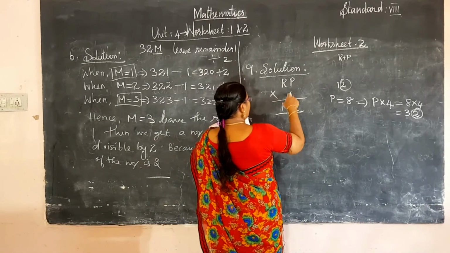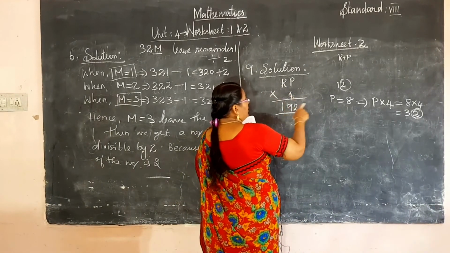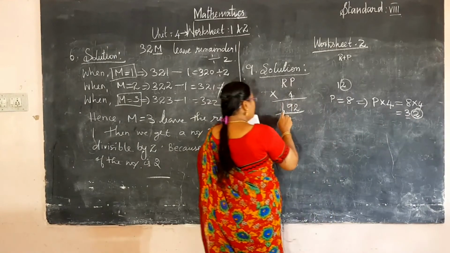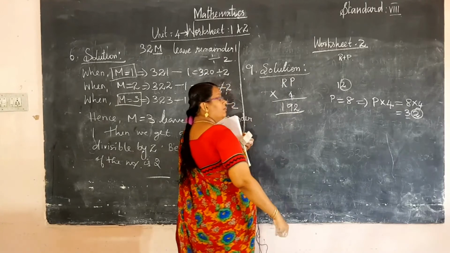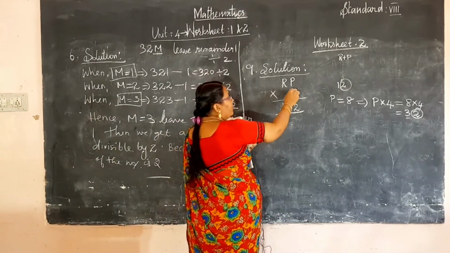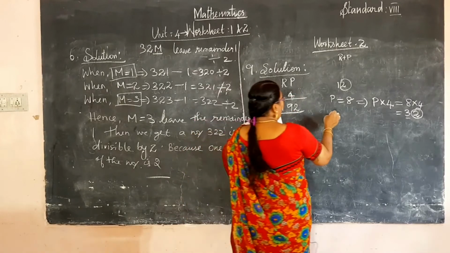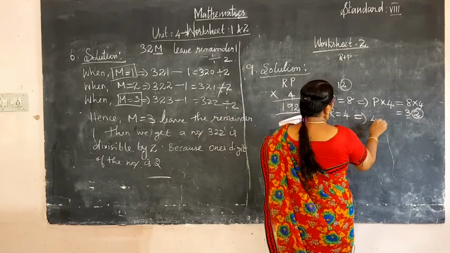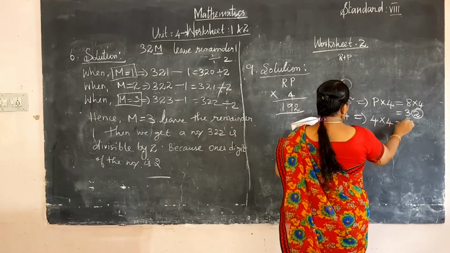Now, which number multiply? Here we get the value of 19. Here 3 is there. So, subtracted 19 minus 3, we get 16. So, how many times is possible? 4 times, is it? So, r is equal to 4. Okay. So, 4 4s are 16.